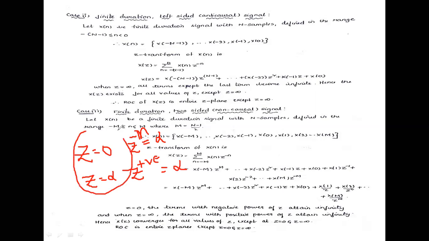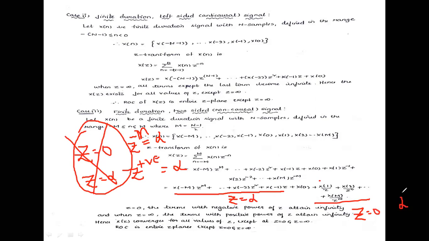So except z is equal to 0 and z is equal to infinite, for the remaining values it exists here. Up to the values of, see here, x of minus 1 z, z square, and z power minus 1. For these values, z is equal to infinite does not exist. And for these values, z is equal to 0, you can substitute here.